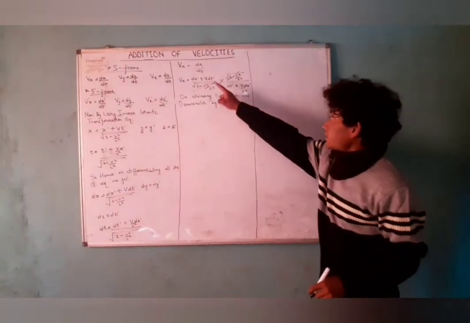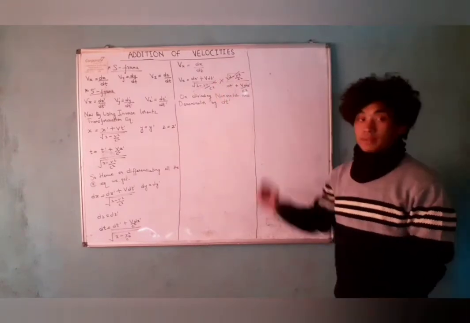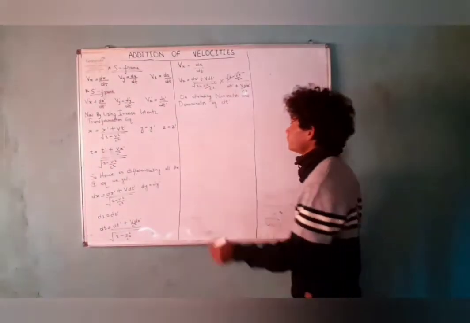So we have to divide here numerator and denominator by dt prime.